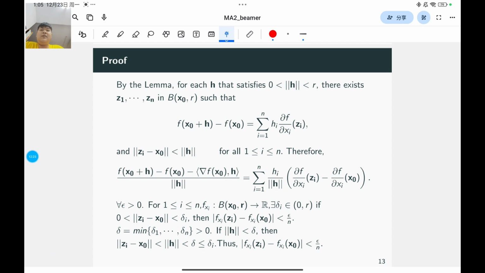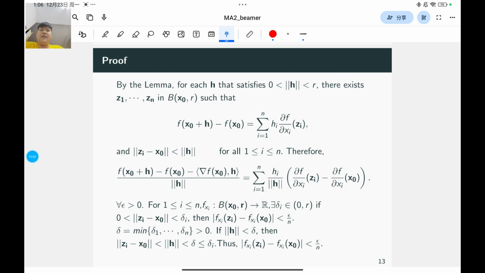By the lemma, for each h with length of h between 0 and r, there exist z1, z2, up to zn in the ball centered at x0 with radius r, such that this equation holds, which we have seen before. Then we subtract the inner product and divide by the length of h on both sides.